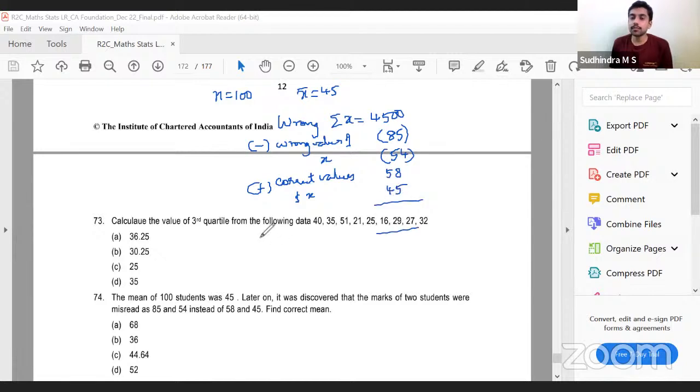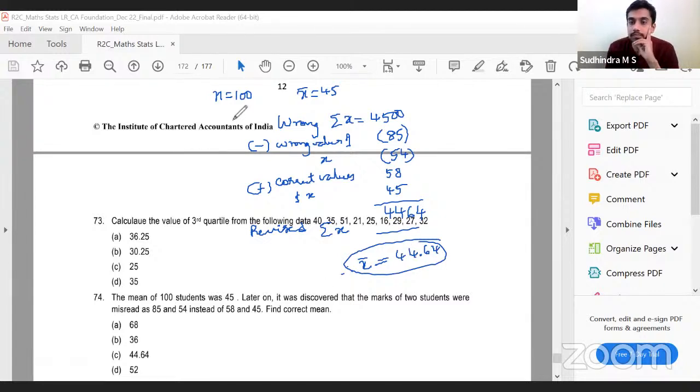So this gives me revised summation X, which is 4464. Therefore, arithmetic mean is 4464 by 100, 44.64. Clear?